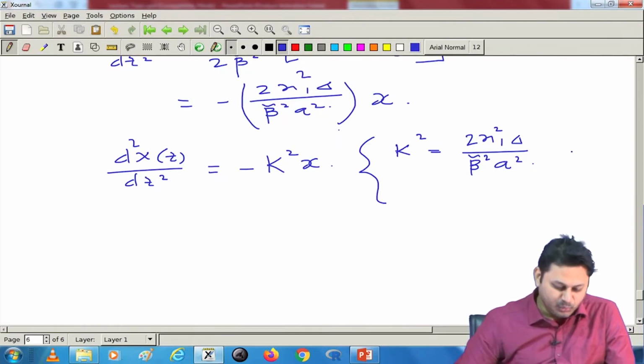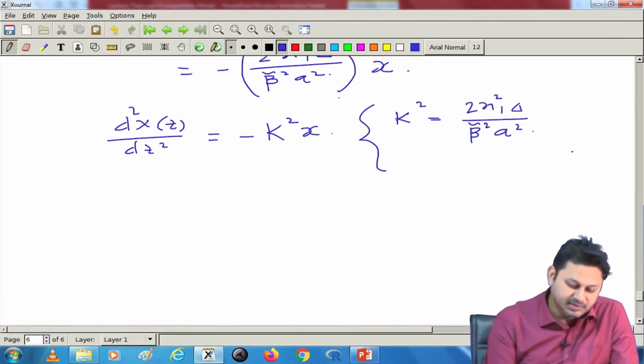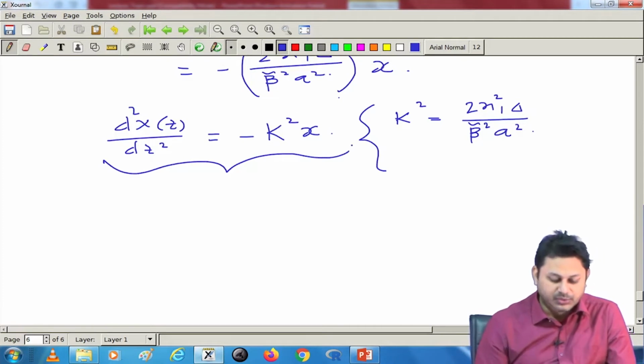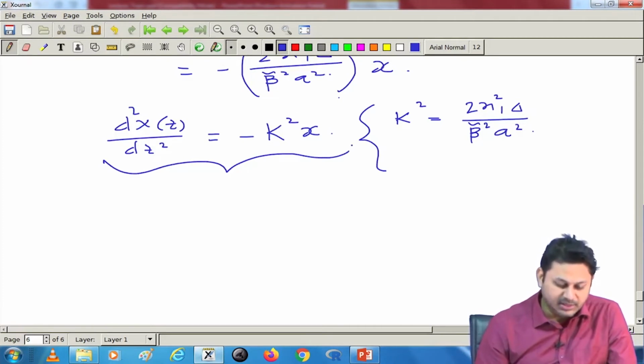So, I have a well known differential equation. This differential equation is well known, and we know that for this differential equation one can expect a sinusoidal solution.